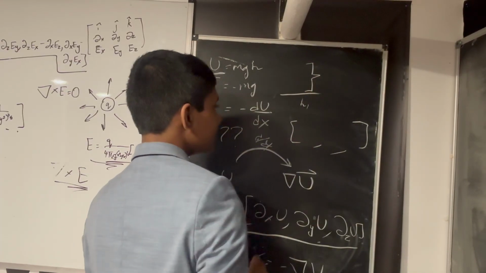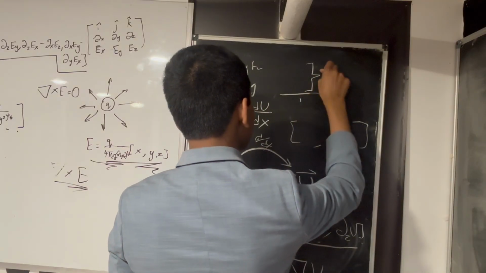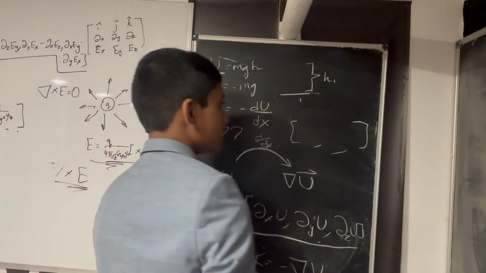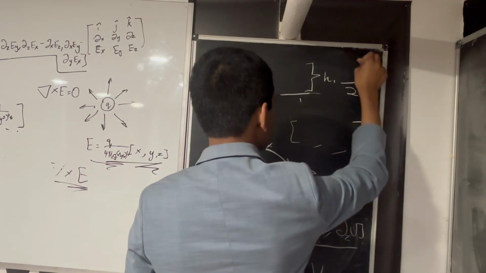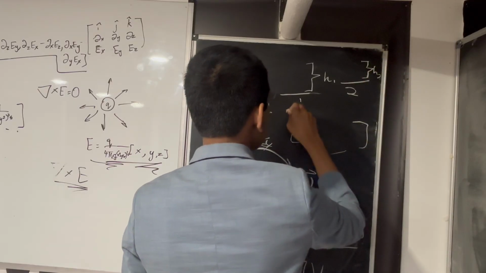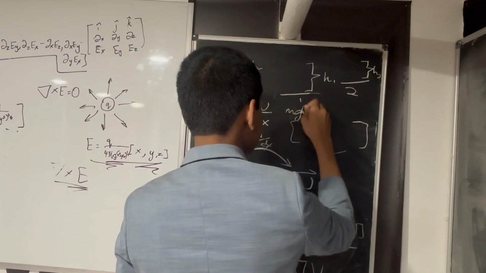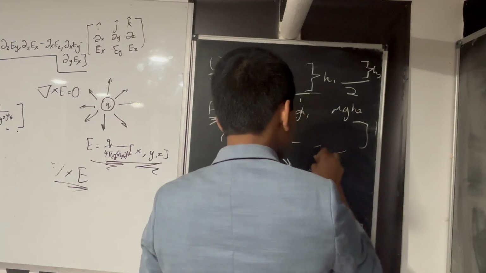Let's say we have potential 1, and under these conditions, our guy is at H1. Then potential with reference point 2 has our guy at H2, which means that the potential here is mgH1, the potential here is mgH2.